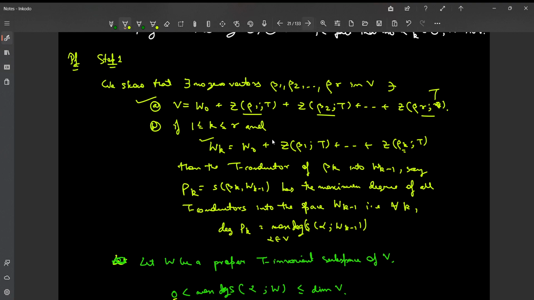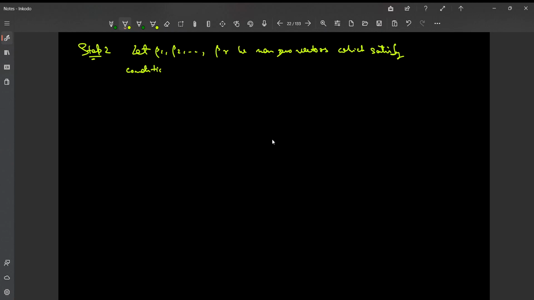Okay. Now let us move on to step 2. What do we show in step 2? We show that, let beta 1, beta 2 till beta r be non-zero vectors which satisfy conditions A and B of step 1. Clear?